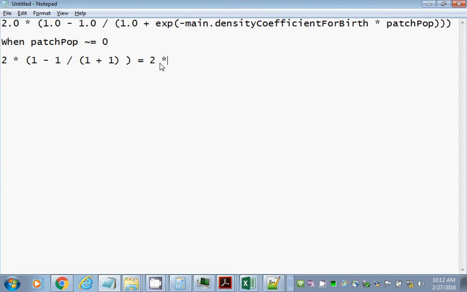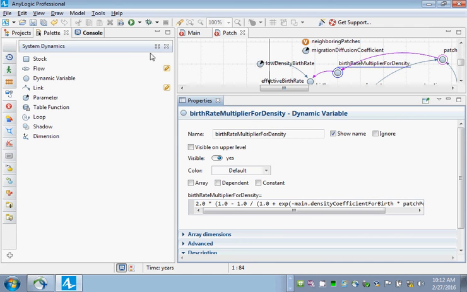So e to the minus something very large is going to be very close to 0. And the bigger patch pop gets, the closer and closer it will be to 0. It goes to 0 very quickly. Or you could think of it as 1 over this big thing, e to this big thing here, and that 1 over this huge number goes to 0 as patch pop grows.